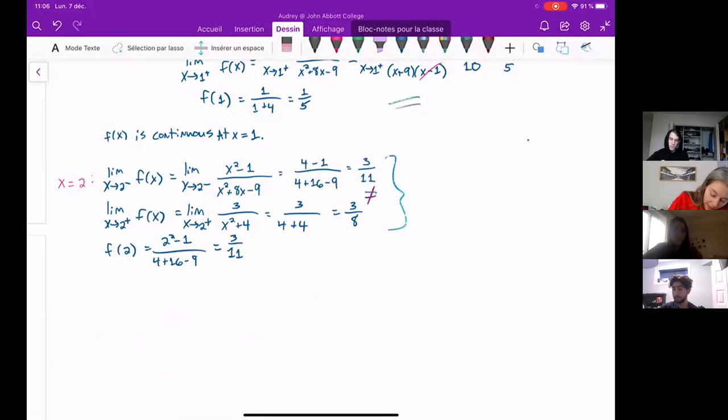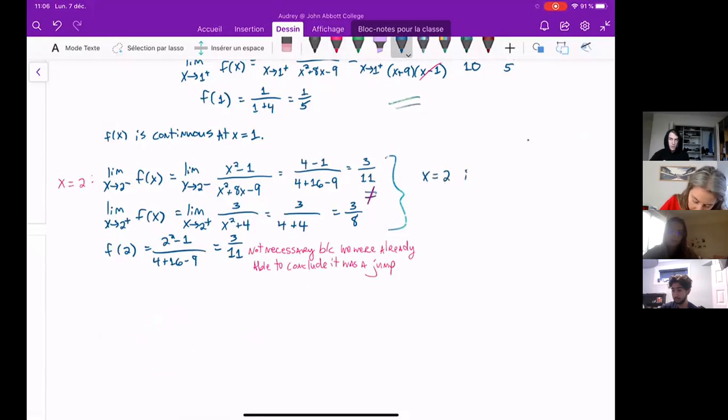And not necessary because we were already able to conclude it was a jump. So x equals 2 is a jump discontinuity.